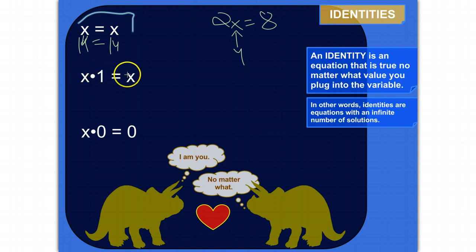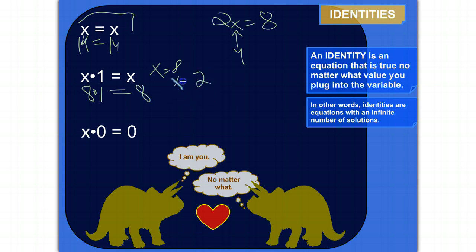So x times 1 equals x. You plug in anything, and it'll work. So let's say x equals 8. So 8 times 1 equals 8. Is that true? Yes. Just to prove this to you, let's plug something else in. How about 27,000?